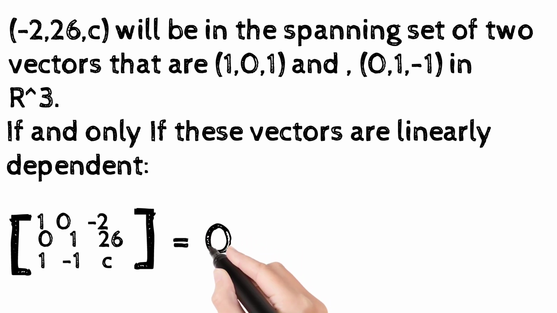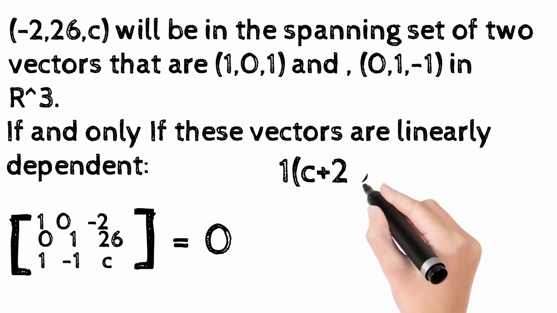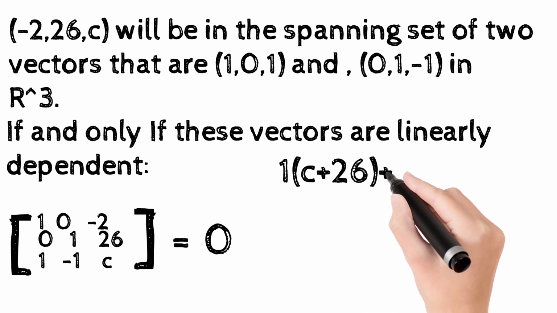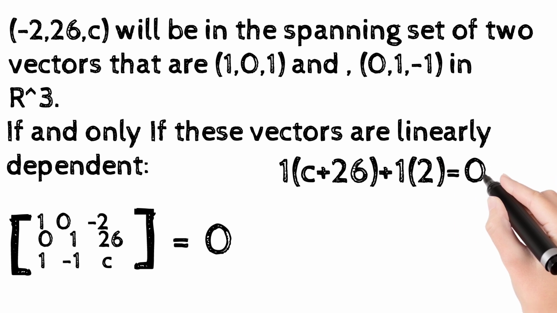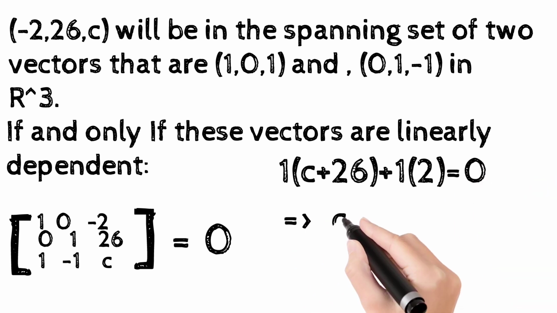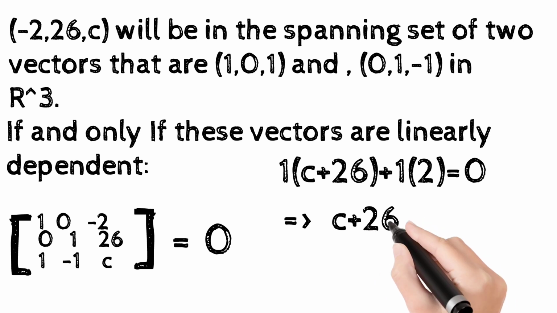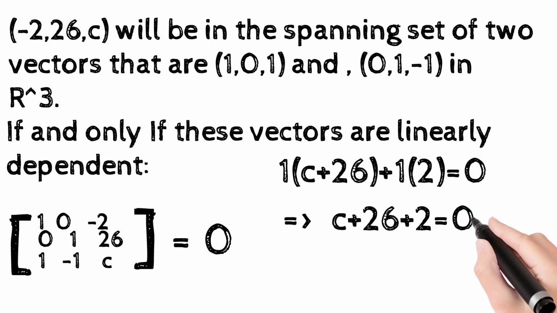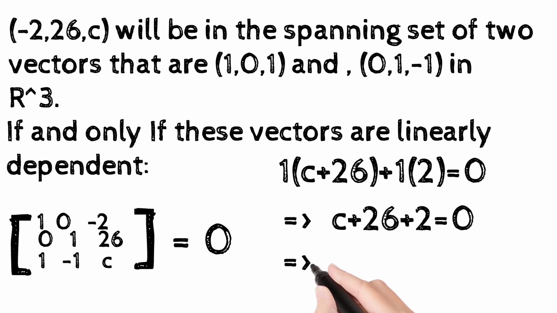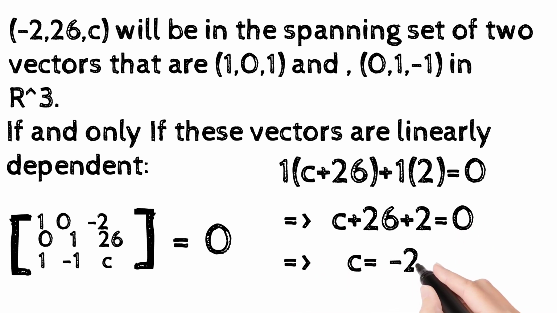So as we did in the first question, we'll solve it by cross multiplication. So again it's 1 into c + 26 + 1 into 2, that is equal to 0. By solving this, we'll find that c + 26 + 2 = 0, and we'll reach the conclusion that c = -28. So here we got the answer, c = -28.